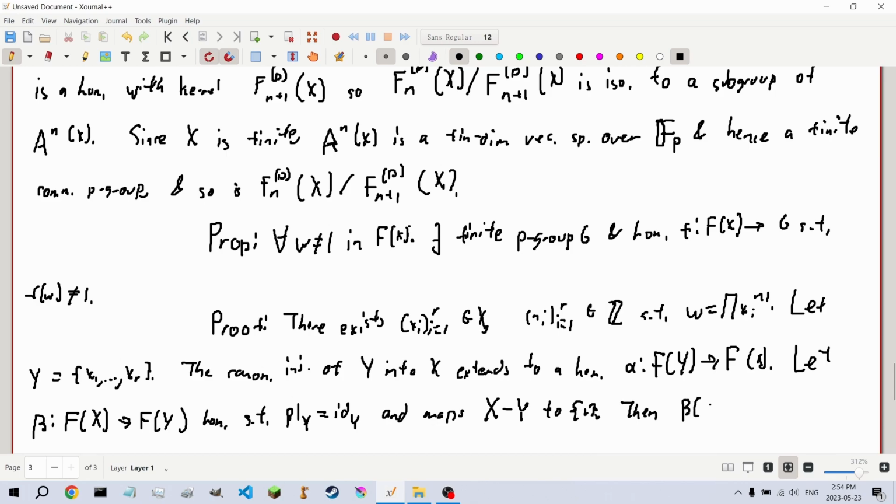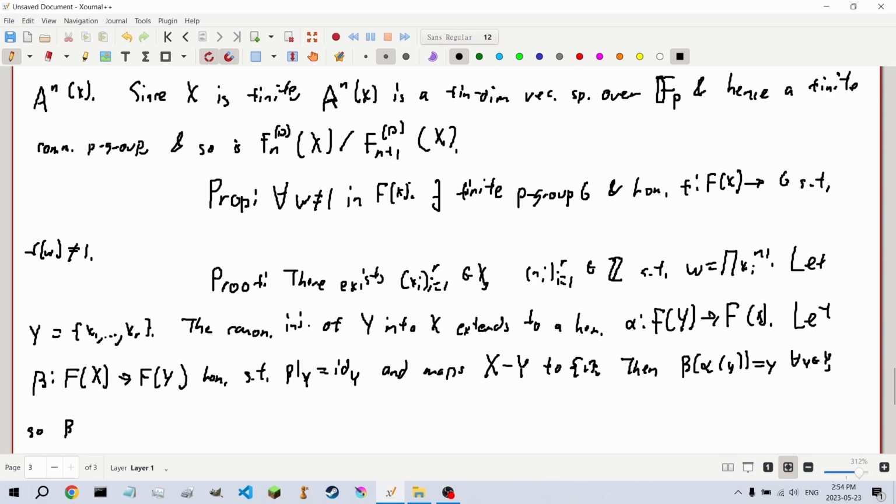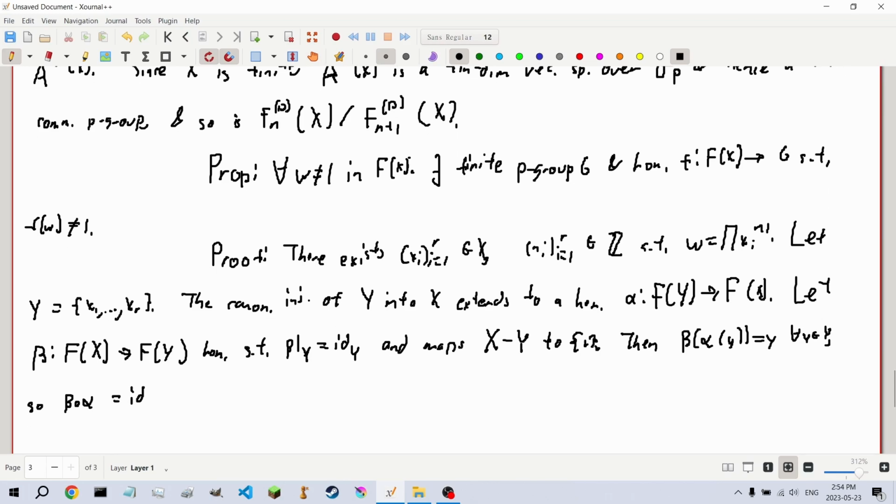Then beta is a left inverse of alpha on Y. That's why it generates F of Y. Beta composed with alpha is the identity automorphism of F of Y. There obviously exists an element w prime in F of Y such that w is the image under alpha of w prime. Then beta of w is w prime and not 1.